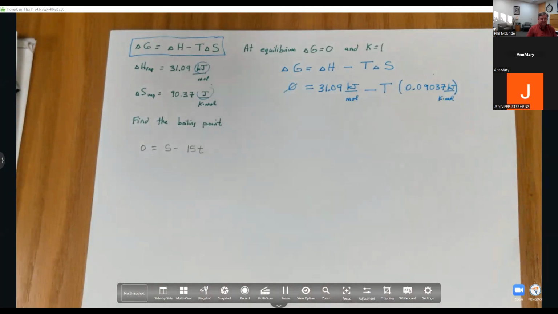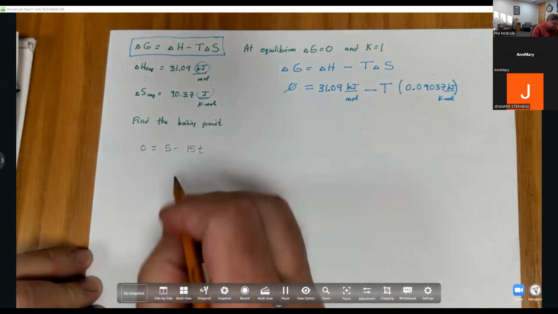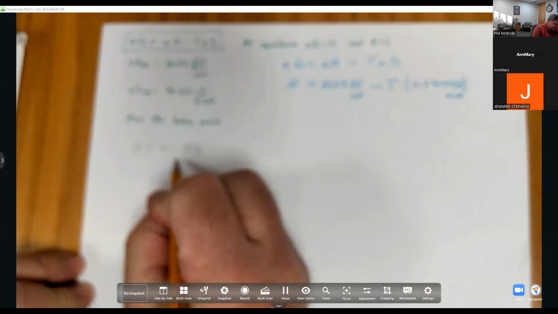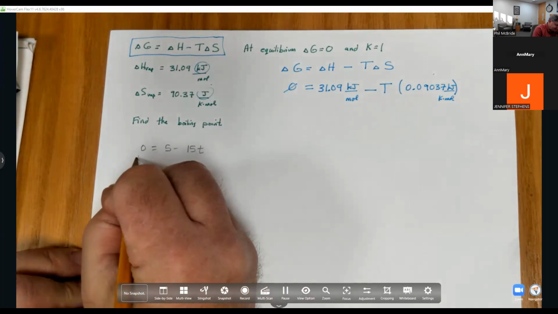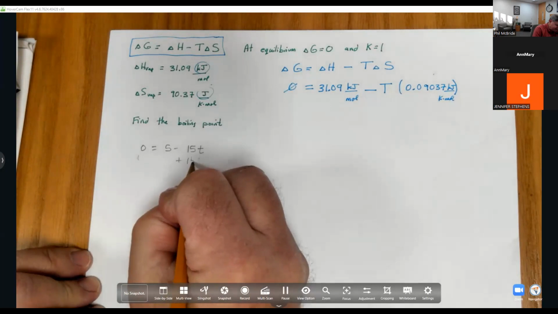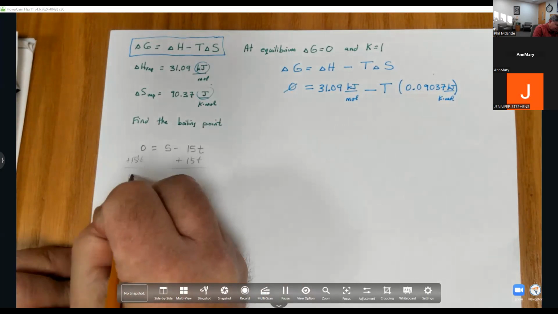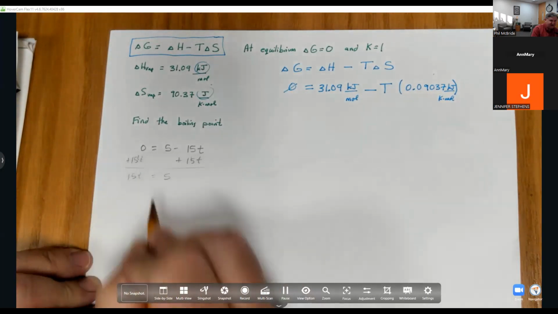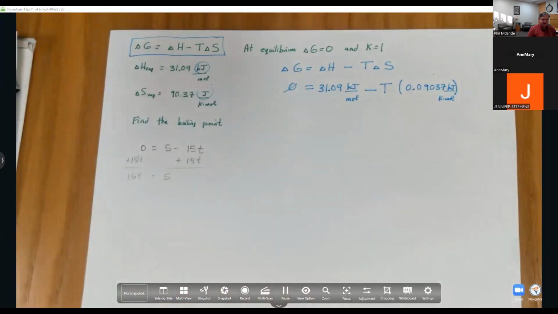You're going to add 15 T to both sides. So that would give me 15 T equals 5. Then what would I do? Divide by 15.